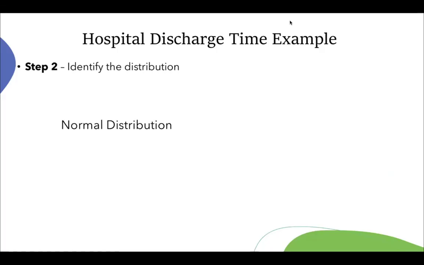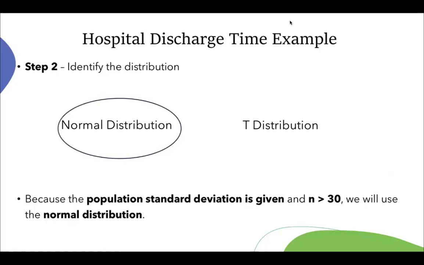The distribution is either normal or t-distribution, and we've not yet seen a t-distribution question. Today, they're all normal distribution questions. The reason it's a normal distribution is because the population standard deviation was provided and n was greater than 30.